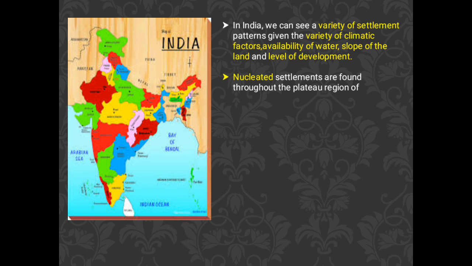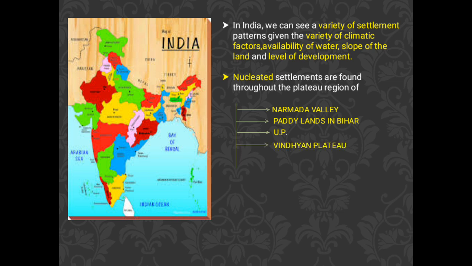Nucleated settlements are found throughout the plateau region of Narmada Valley, paddy lands in Bihar, Uttar Pradesh, Vindhyan Plateau, and several other parts of India.